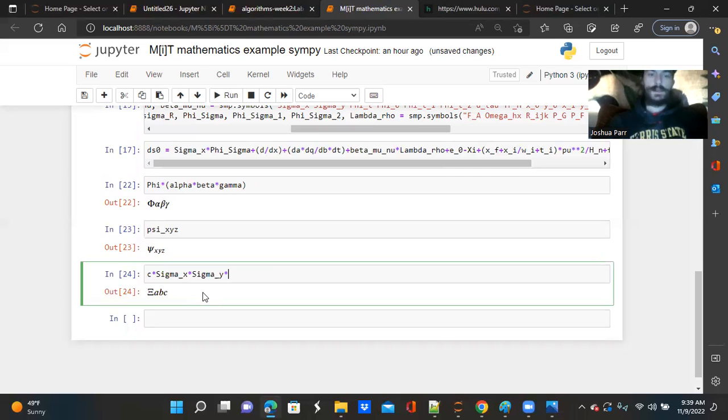Now, sigma x and sigma y are representing the weighted space alternate. We're nestled within dimensions.